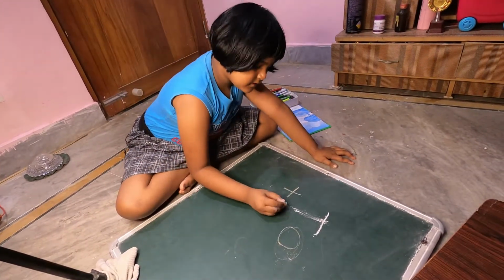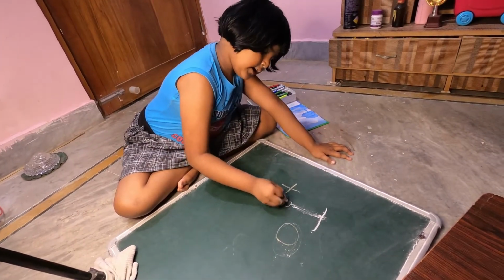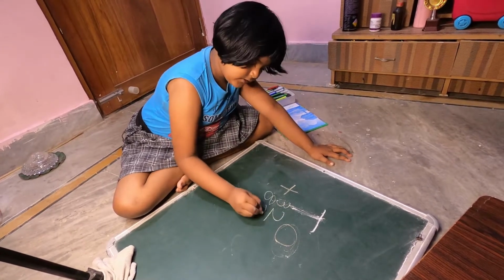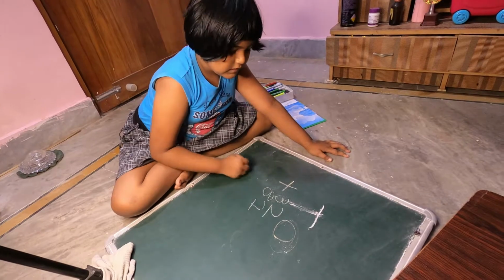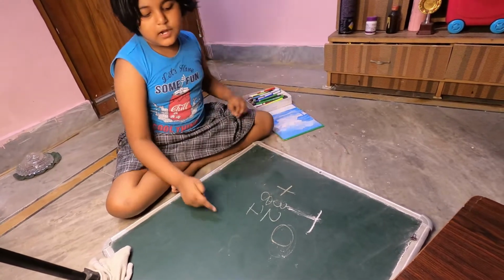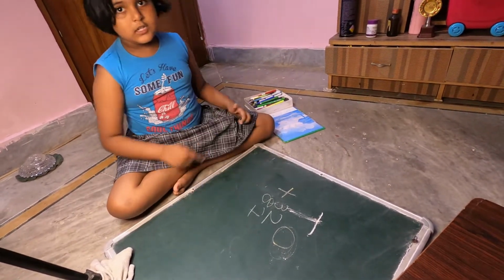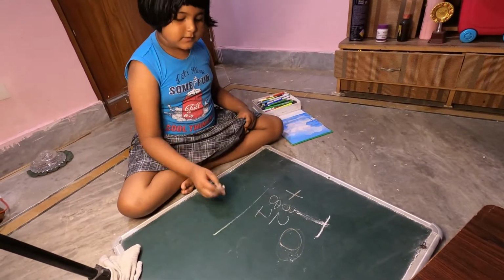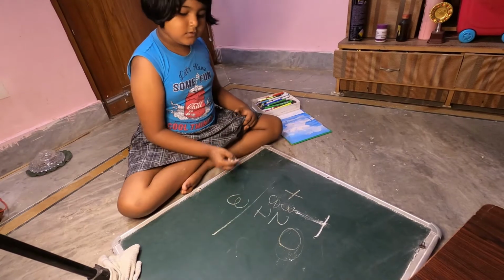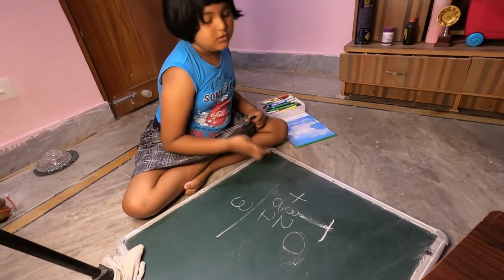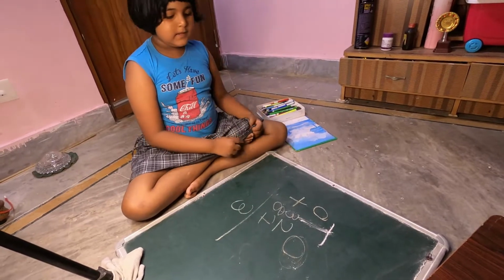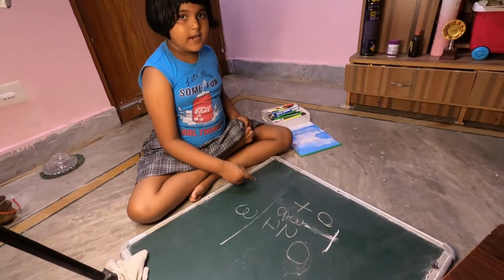This is 32 plus 81. Means 2 and 1 is 3. The answer is 3. Means no carry over here. You need to carry over here 0. Then keep in your mind 8.